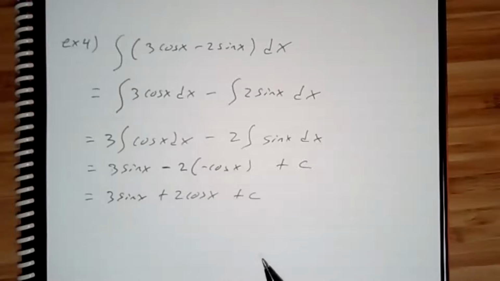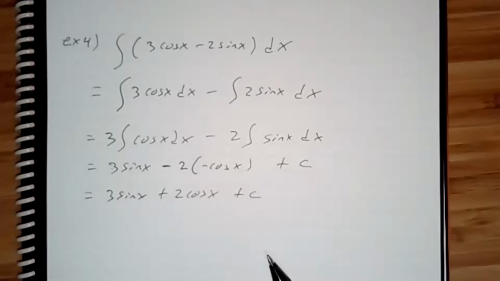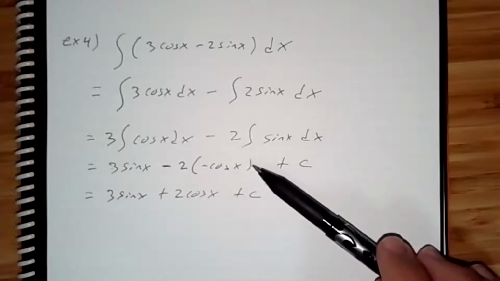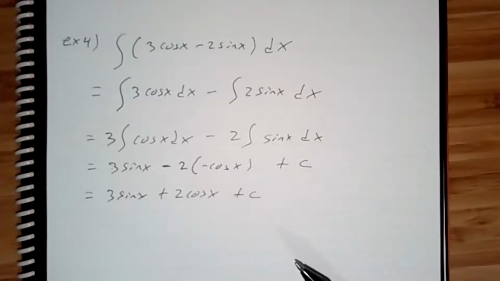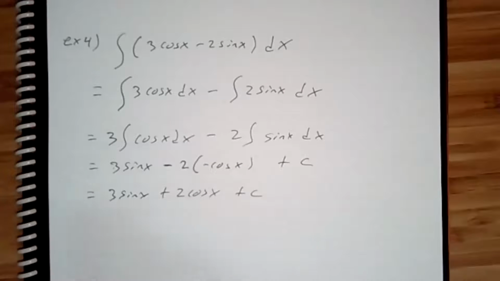Once the integration step is done, you might have to do some algebra. You should simplify a little bit. If you stopped here, I wouldn't be too upset, but you might as well keep going. If there were a couple of algebra steps, I'd say just do it. Okay.